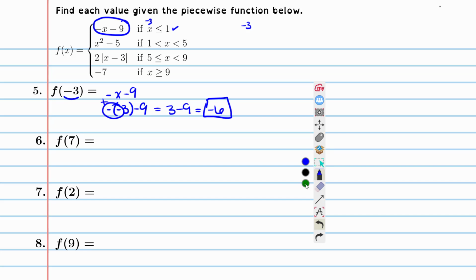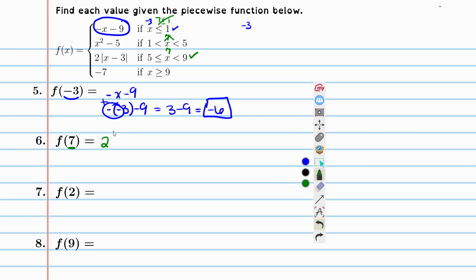So when I look at the next one, 7, look to see which of these it fits into. Is 7 less than or equal to 1? No. Is 7 between 1 and 5? No. Is 7 between 5 and 9? Yes.